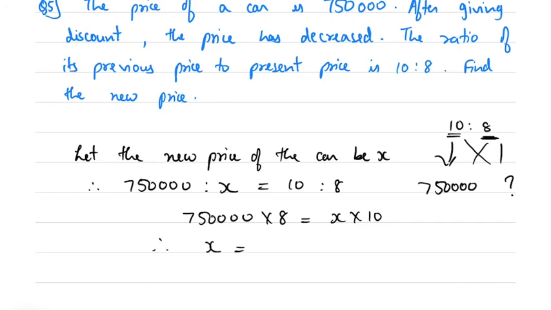So therefore x is equal to 7,50,000 into 8 divided by 10. So we use the property of ratio and we solved it. So therefore x is equal to 6 lakhs. Okay.